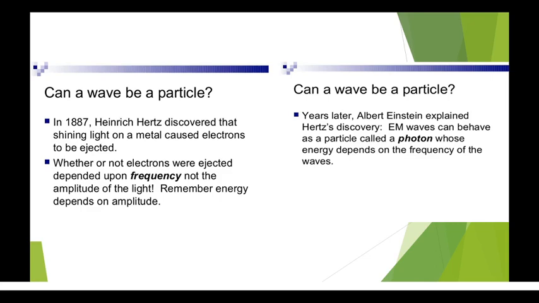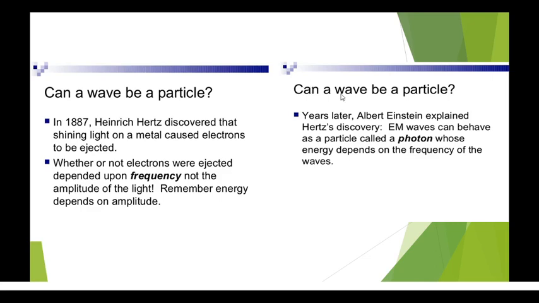We already know that energy depends on amplitude. So, when the photoelectric effect was discovered, the energy of electrons did not depend on intensity. Energy of electrons depends upon the frequency of the incident light.